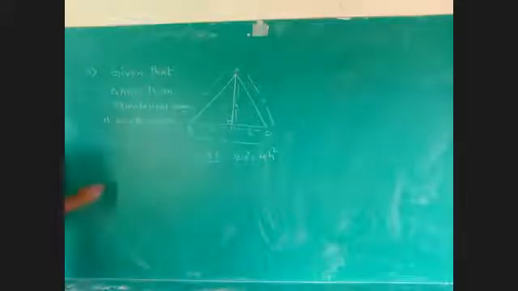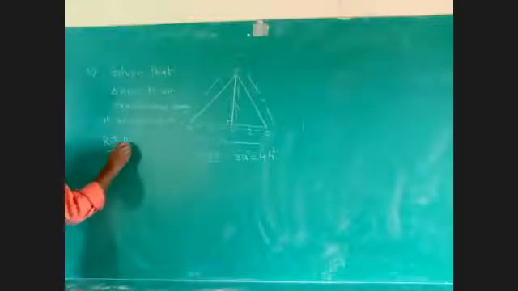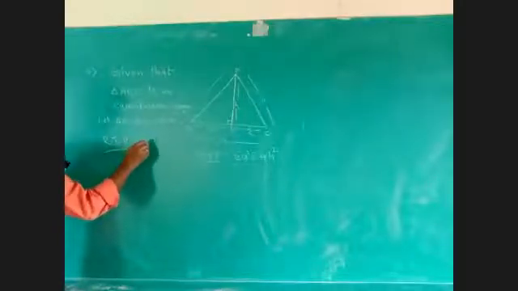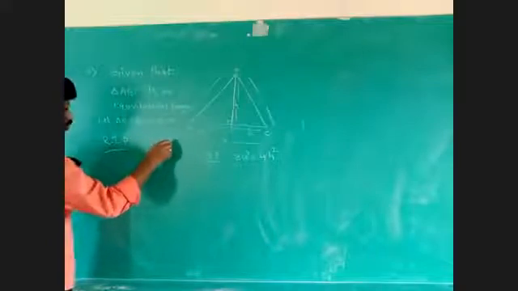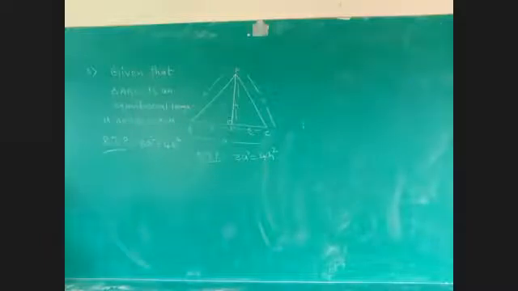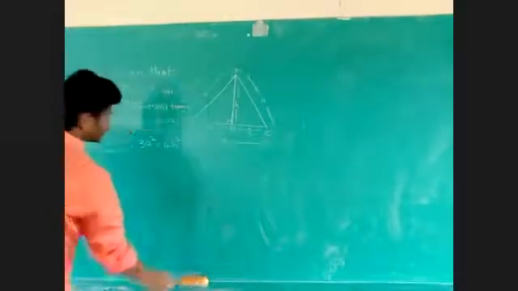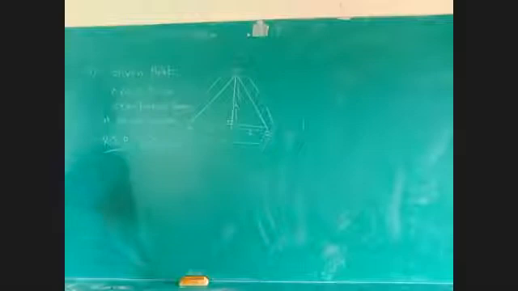Then prove that, required to prove, 3A square equal to 4H square. So this is the required proof.